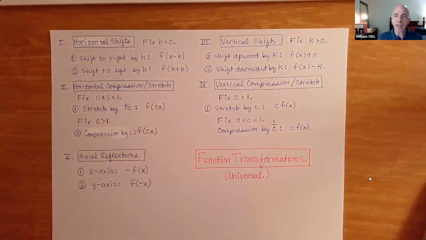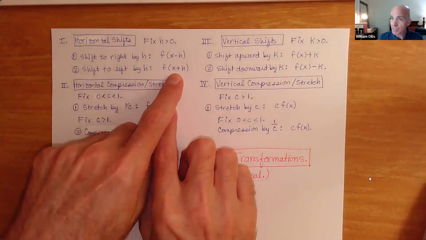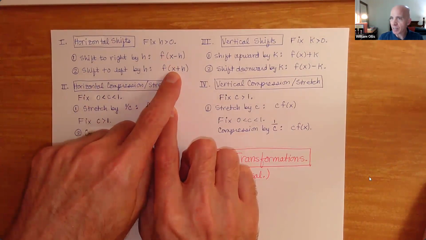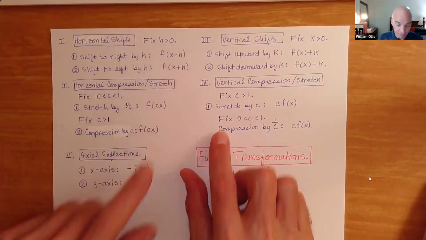Again, we think of the transformation of replacing x with x plus h, and then we're associating the value that's to the right with x. And so as we shift it back, we see that we actually get the shift to the left by h, again, with the x plus h replacing x. So when you think about what's going on algebraically, it makes sense, but the initial visual is a little counterintuitive.